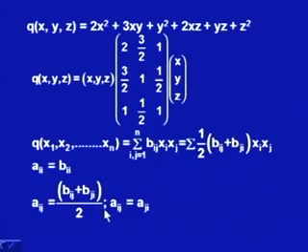If I define my matrix a_ij in this manner, then one can easily observe that a_ij is equal to a_ji, because if i is equal to j, they are equal, and when i and j are not equal, then a_ij is equal to a_ji. So for the matrix A, I have a_ij equal to a_ji, and that simply means that the matrix is symmetric.